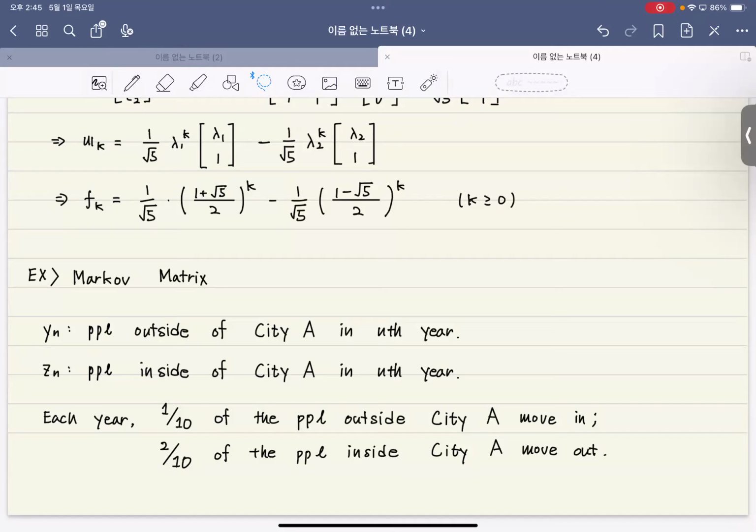And at the same time, every year 2/10 of the people living inside of city A moves out from the city. So the question is, can you figure out the population in the nth year, just provided these two pieces of information? Let me try to figure it out.